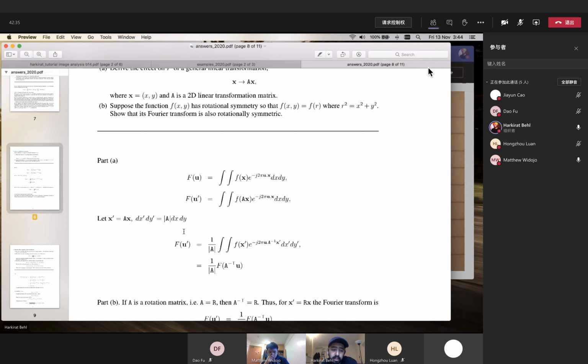Now we'll call Ax as x dash, so x dash equals Ax. Now what will be dx dash dy dash? By performing a little bit of calculus here, we'll be able to write dx dash dy dash as determinant of A times dx dy. So now we'll use this form within this. I'll substitute dx dy as dx dash dy dash by determinant of A. So I've just done the substitution.